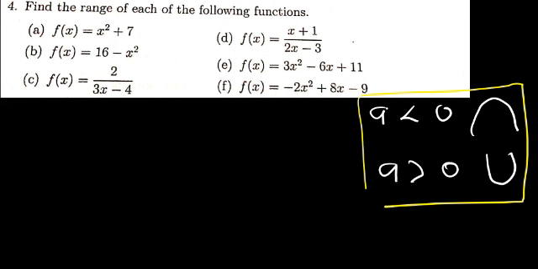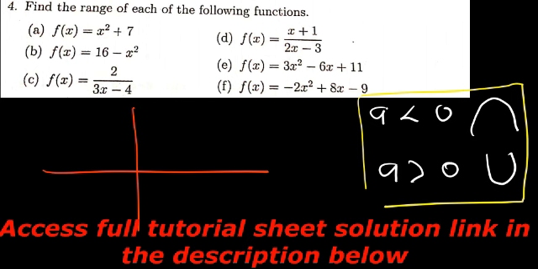Let us look at the first one. The first one here has x squared, that is a. Now a is positive. So if a is positive, the graph has to curve like that. If this is my graph, we look at the number which doesn't have x.